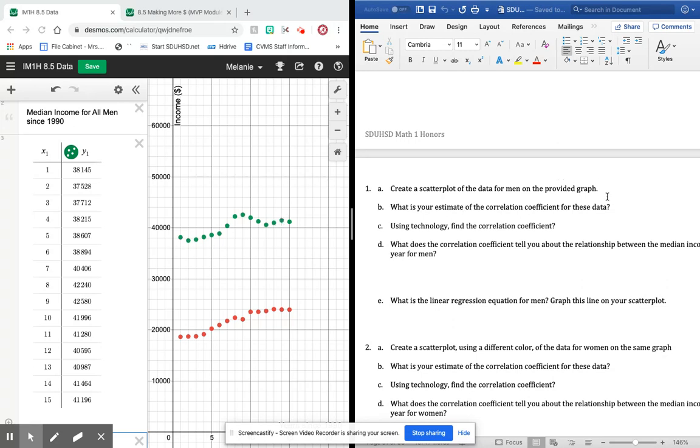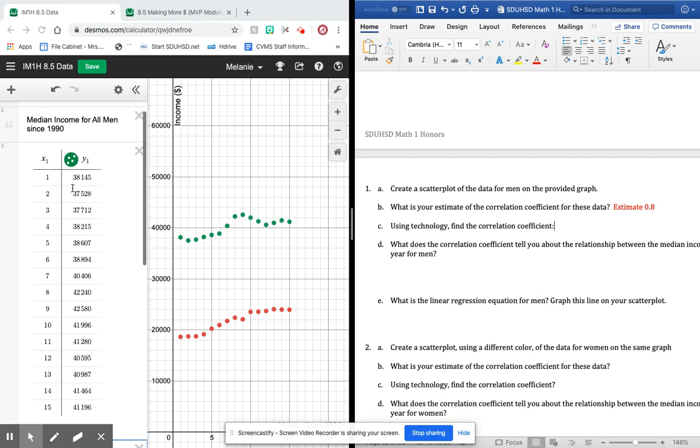So it's pretty highly correlated, I would say. So maybe I would estimate 0.8, let's say. And how about I write my answers in red, and then you can see them a little better. Okay. So actually using technology, you want to go ahead and find the correlation coefficient.